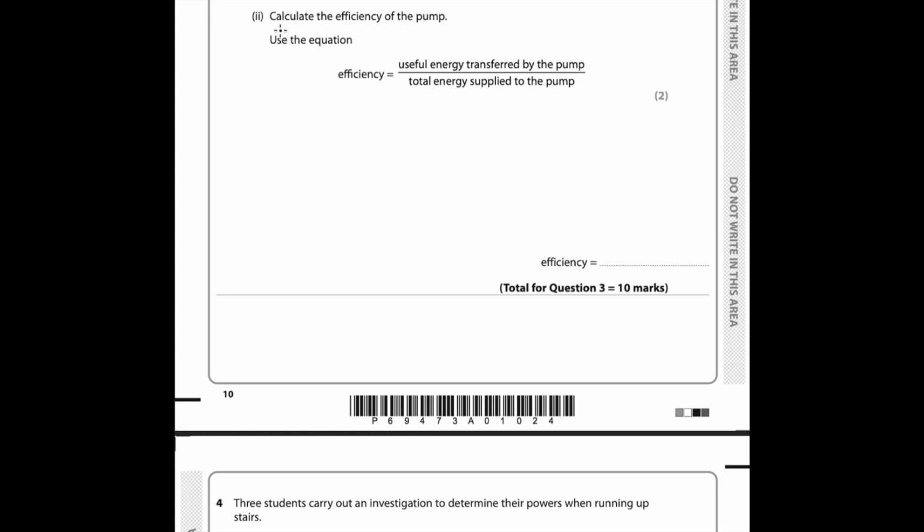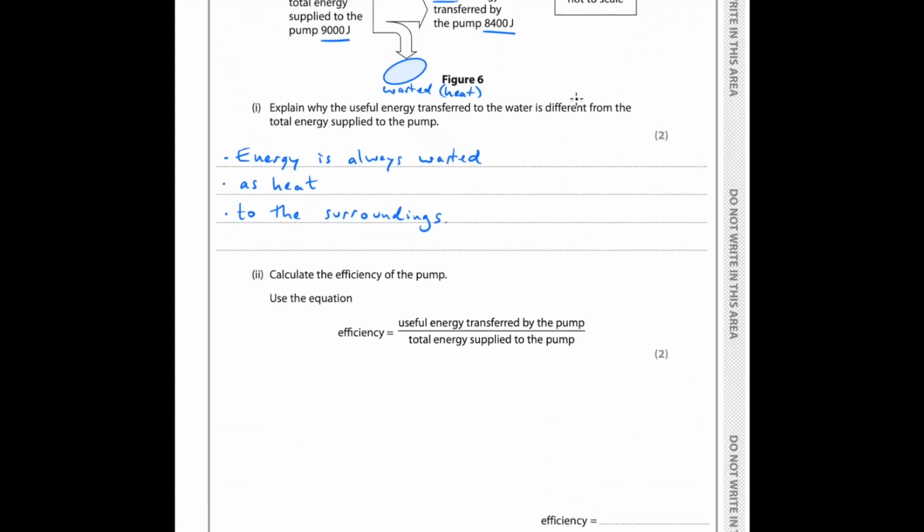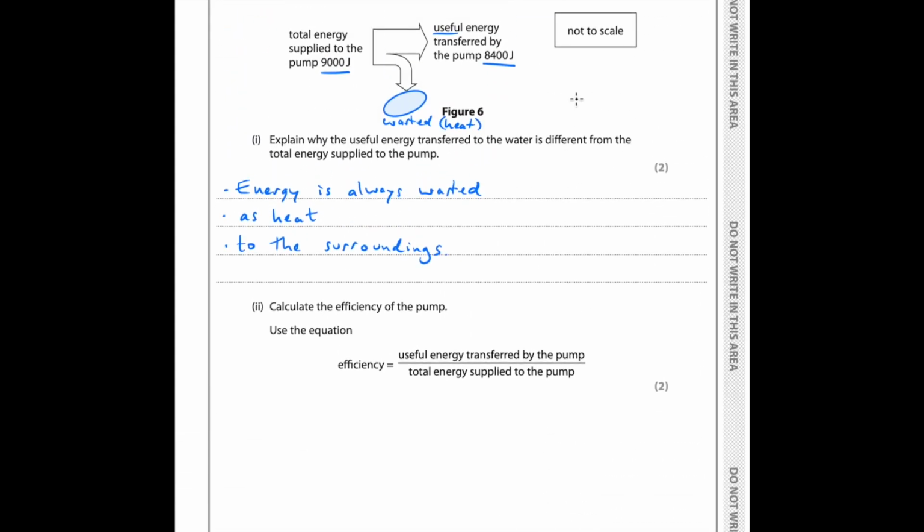Part 2. Calculate the efficiency of the pump. Use the equation: useful energy transferred by the pump divided by total energy supplied to the pump. Let's have another quick look, so make sure we get the numbers right. The useful energy transferred by the pump was 8,400 joules, and the total energy in was 9,000 joules.